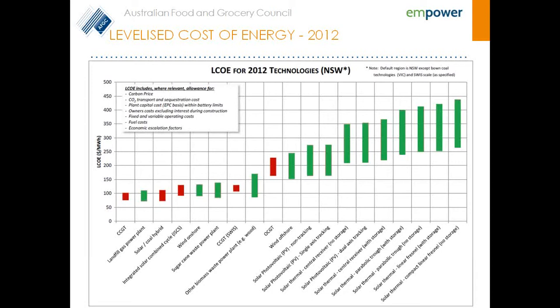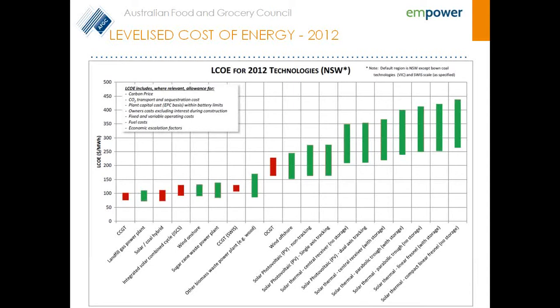Now, when you install a solar PV system on your side of the meter, as well as not paying for the running of the generator, you're not paying for the poles and wires, so the cost of electricity supplied to you is a lot more than what you see there.